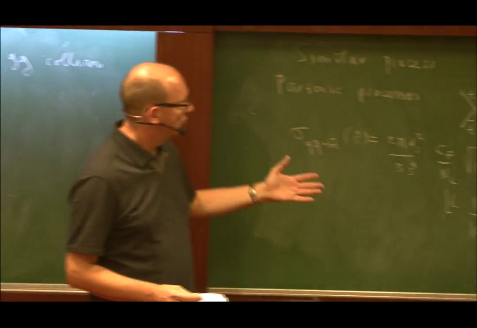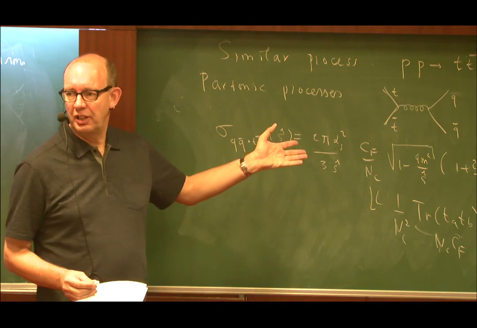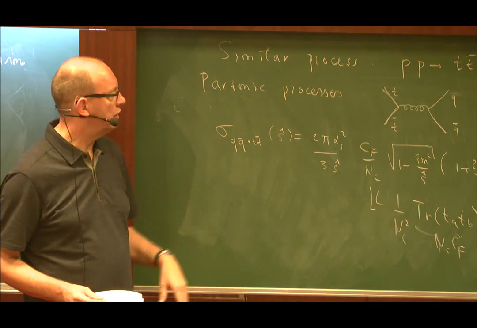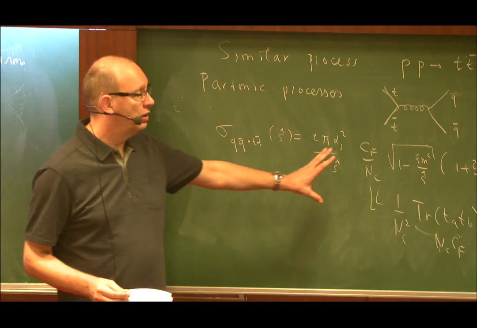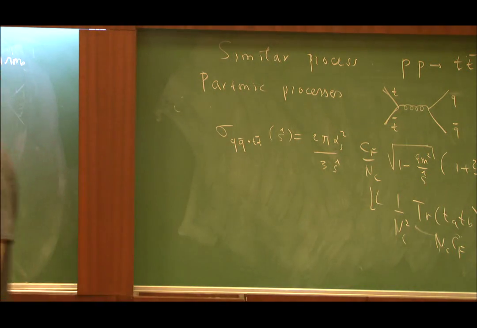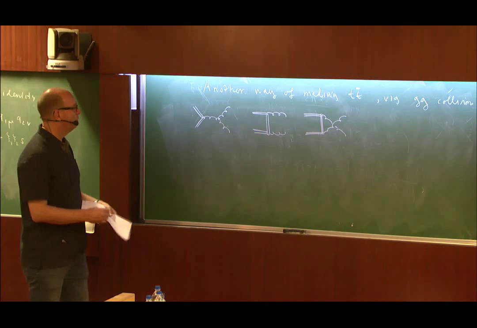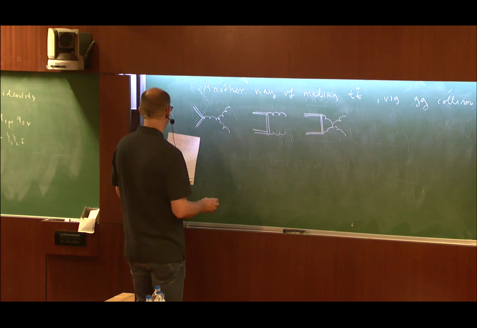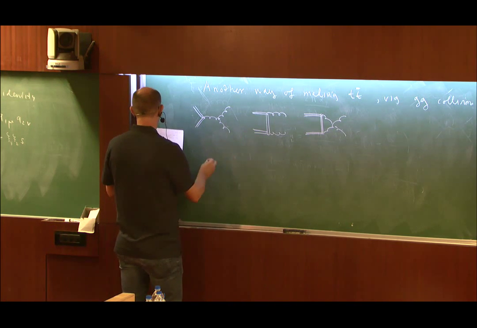Unfortunately, if you make t t-bar pairs at the LHC, about 10% roughly of the collisions will have quark-anti-quark initial states. 90% of the collisions will have gluon-gluon initial states, because there are so many gluons in the proton at that high energy. So if you really want to understand t t-bar production at the LHC, we must have this channel.